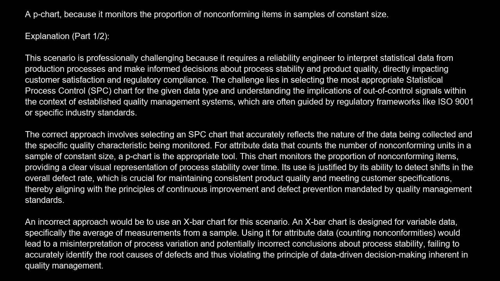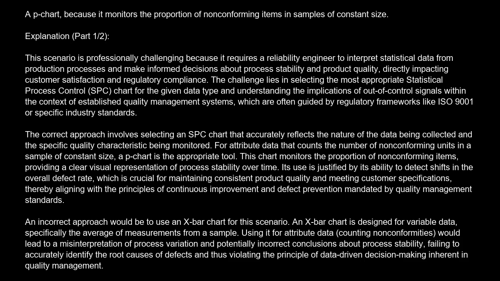The correct answer is C, a P chart, because it monitors the proportion of nonconforming items in samples of constant size. Explanation: this scenario is professionally challenging because it requires a reliability engineer to interpret statistical data from production processes and make informed decisions about process stability and product quality, directly impacting customer satisfaction and regulatory compliance.